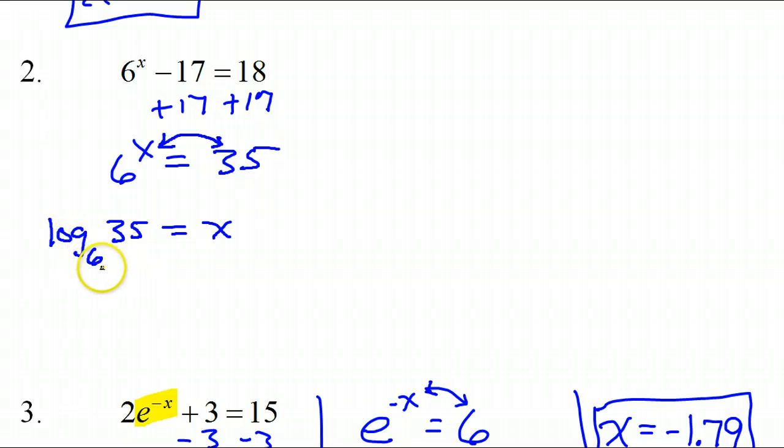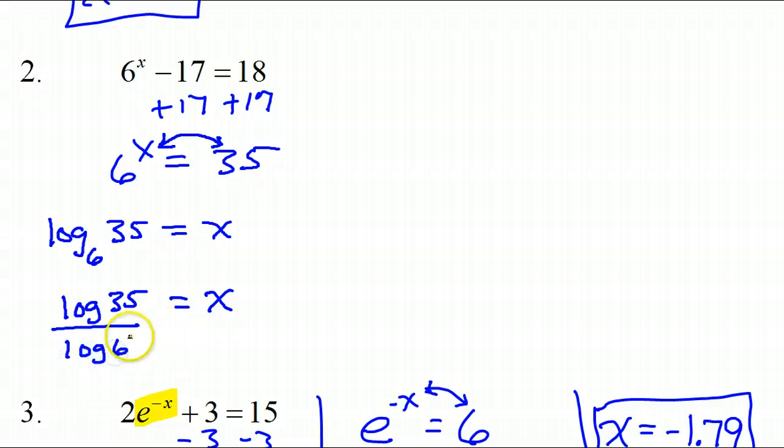Okay, so this can just go in the calculator. Well, not so fast actually. This can't go into the calculator just like this. We need to use the change of base formula. So this will be the same thing as log 35 over log 6. Now that is a form that will go in the calculator.